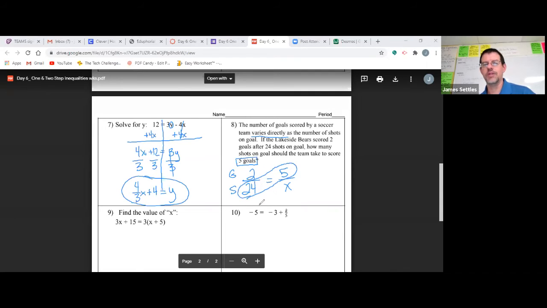So 5 times 24 is 120, and 2 times X becomes 2X. Then the rule is we just divide by whatever's in front of the X. So divide by 2, and we get 60 is equal to X.